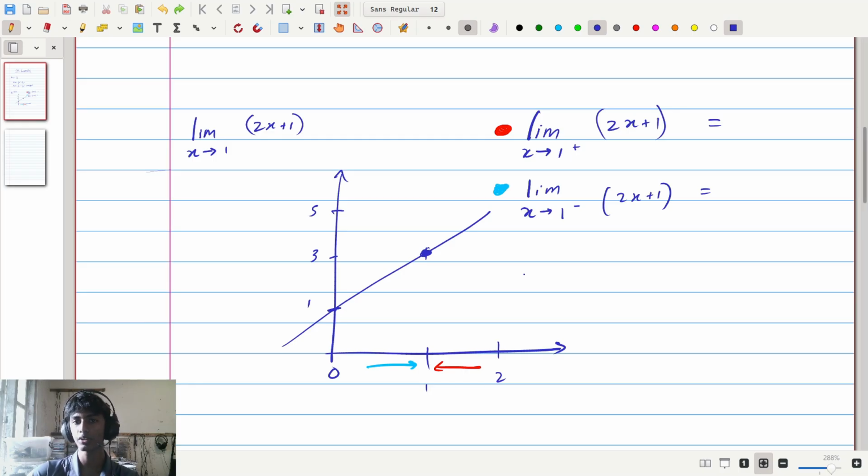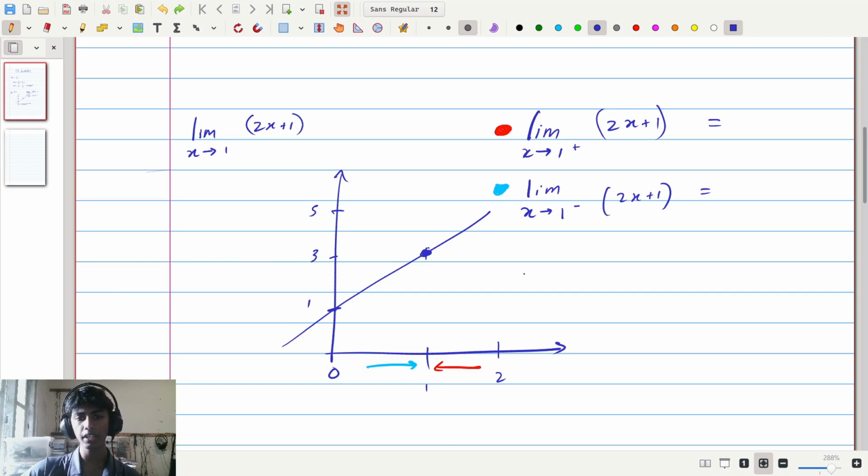So in this case, for the red limit, what this means is that we want to get x's that are greater than 1 but not equal to 1, and we want to make these x's really close to 1 and see what happens. So let's try 2. For 2, if we substitute 2 into here, we get 2 times 2 plus 1, which is 5.